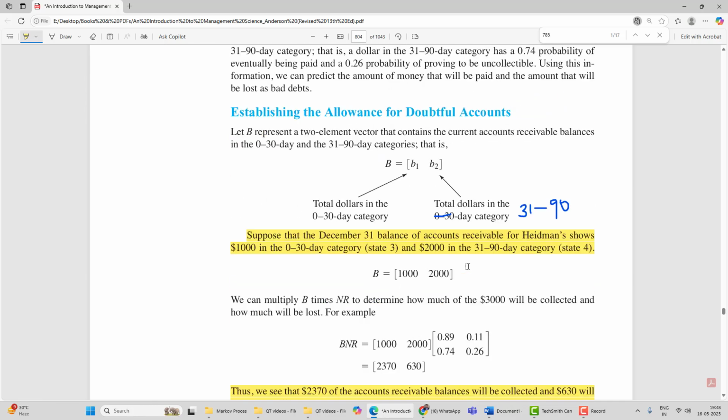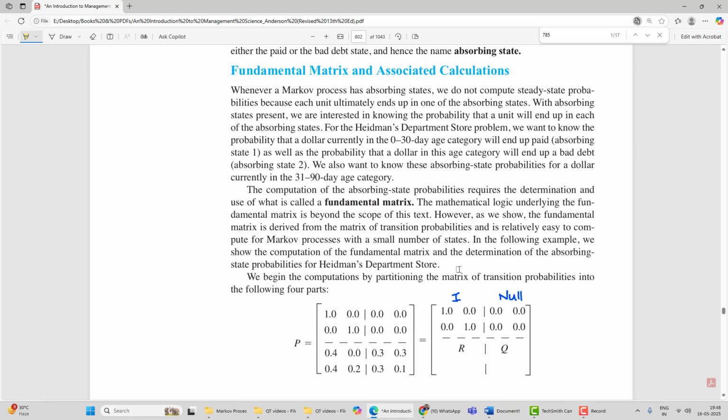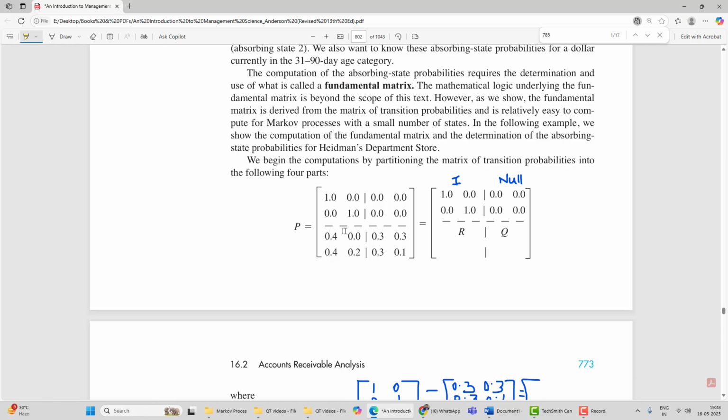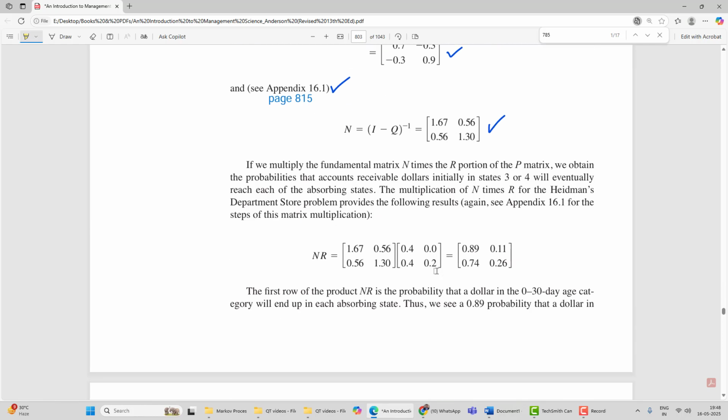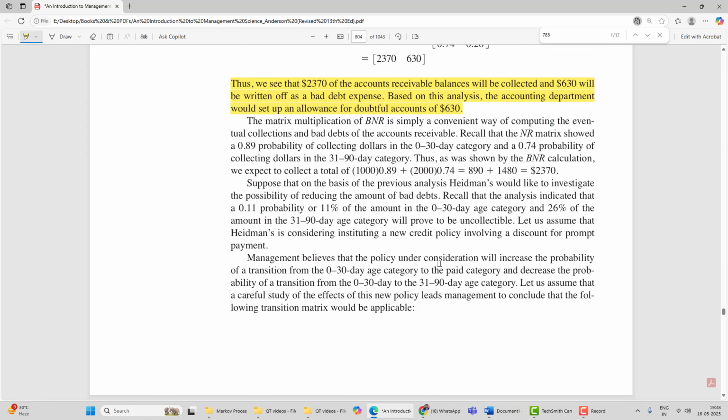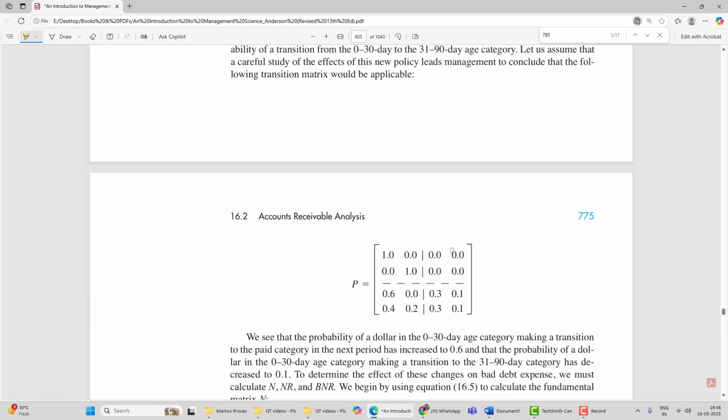And when it happens, this particular matrix will undergo a change. Now this portion of the matrix will change, and if such a policy is introduced, there will be a cost attached to it. Obviously whenever we give a discount, we are going to spend money, but you can see there is a change in the matrix now.